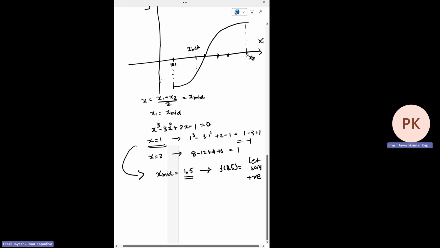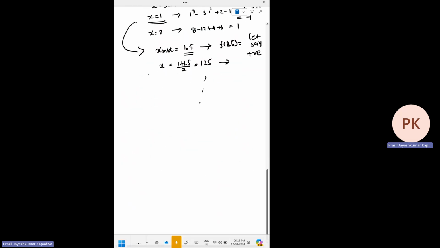So my solution should be between 1.5 and 1. So I will take my new x is equal to 1 plus 1.5 by 2, that is 1.25. Like this we proceed, and we get f of x is equal to 0 as our solution. So this is called the bisection method.